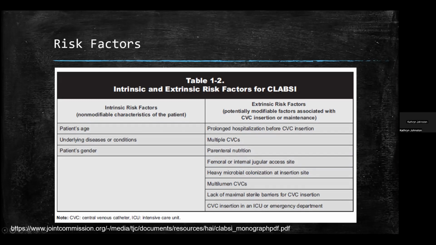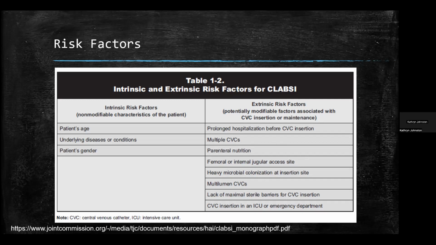But when you look at other risk factors that have the potential for being modified, those that are associated with both the insertion of the central venous catheter or the maintenance of the central venous catheter, those are the factors that are targeted for trying to prevent bloodstream infections.